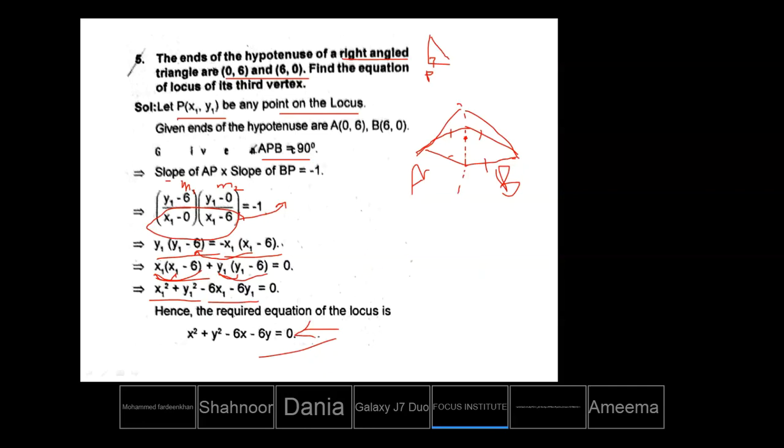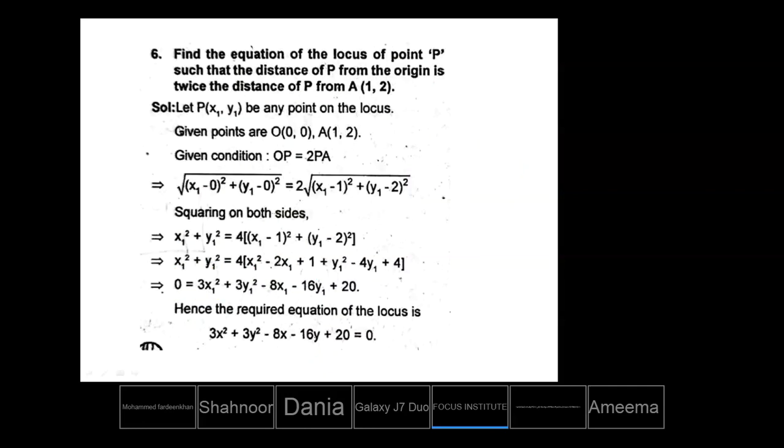Now let's go for the next question. Find the equation of locus of P such that the distance of P from the origin is twice the distance of P from A, where A is (1, 2). So let P be (x1, y1), any point on the locus.